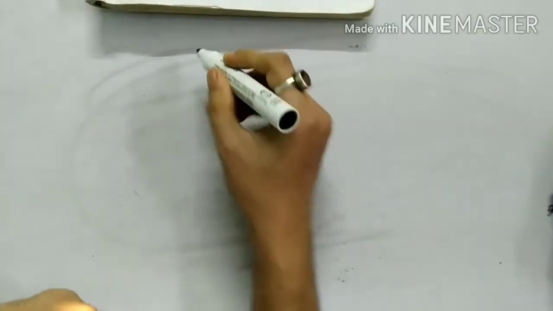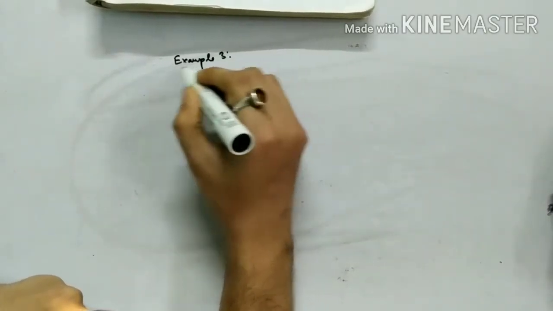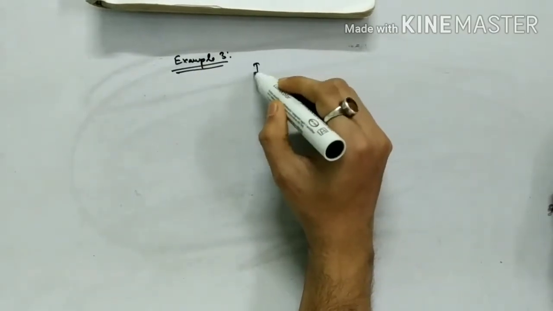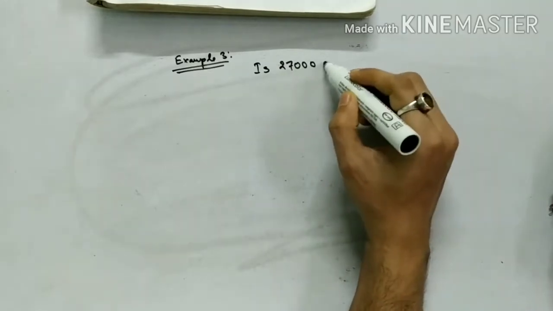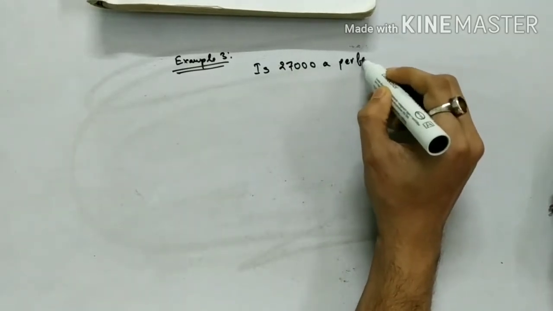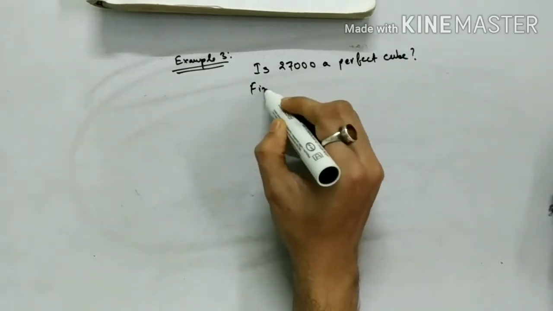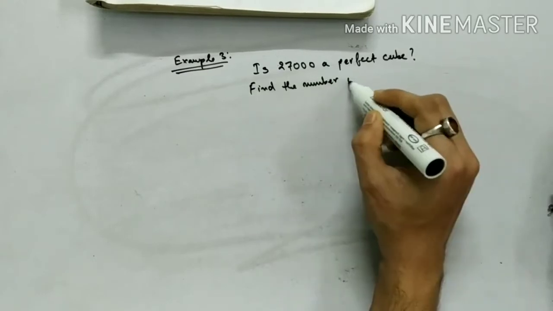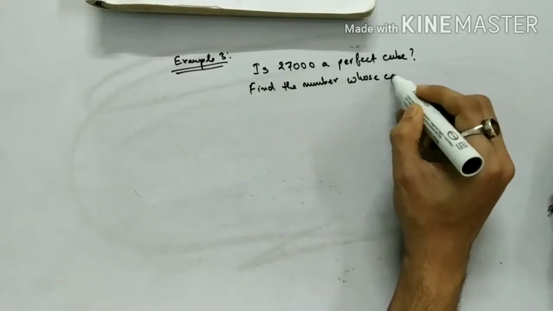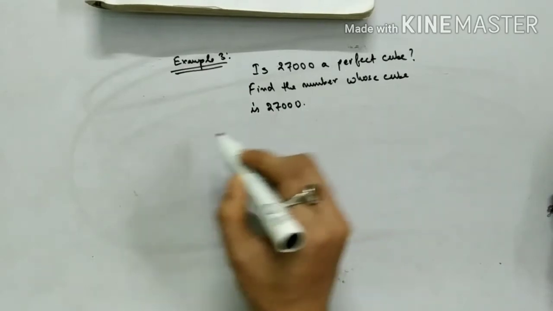Next, again example 3. Now is 27000 a perfect cube? Find the number whose cube is 27000.